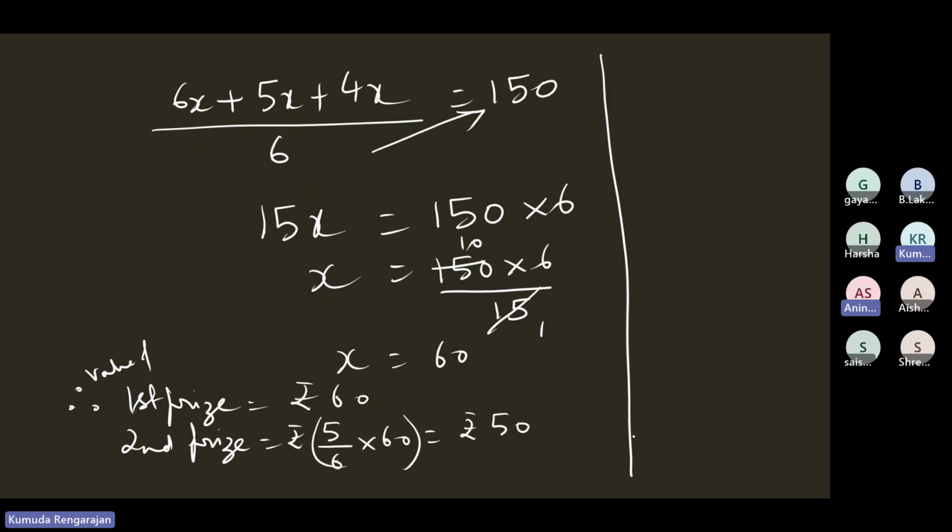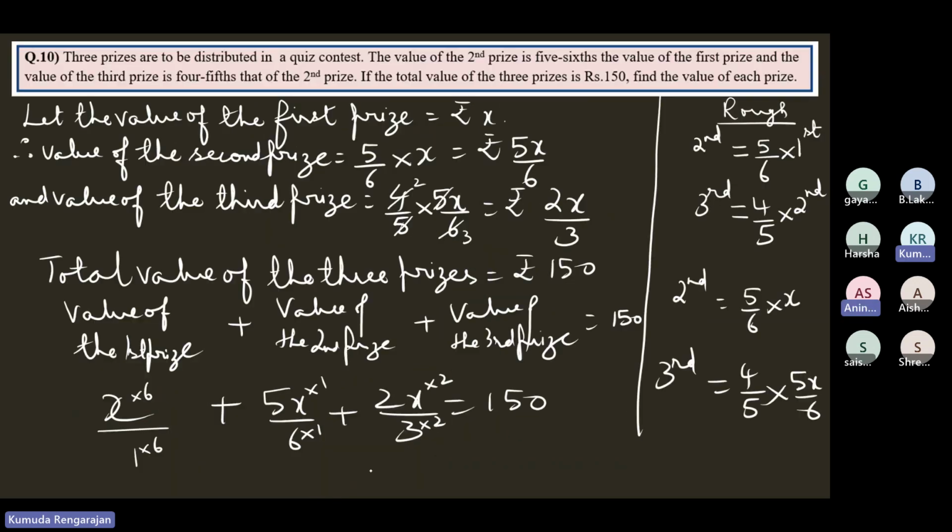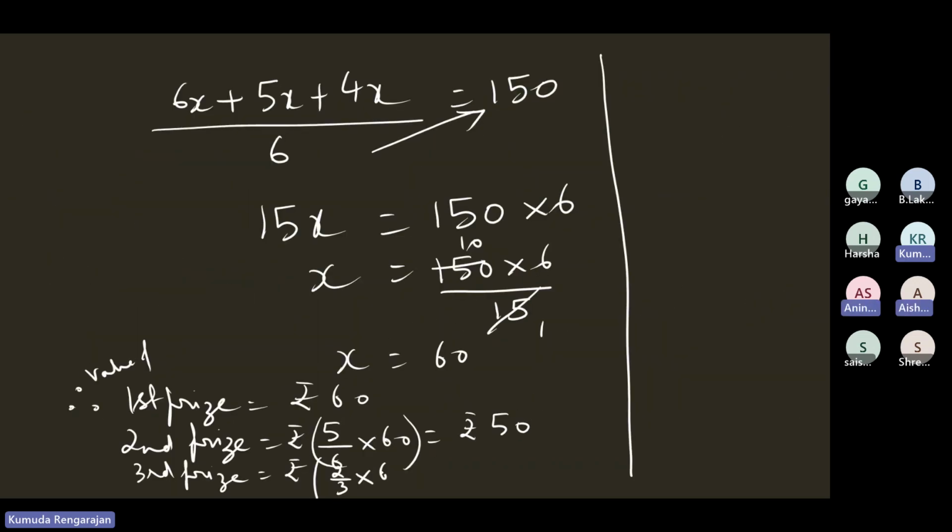And value of the third price is 2 by 3 into 60, which is rupees 40.